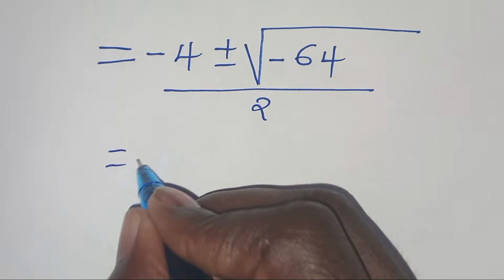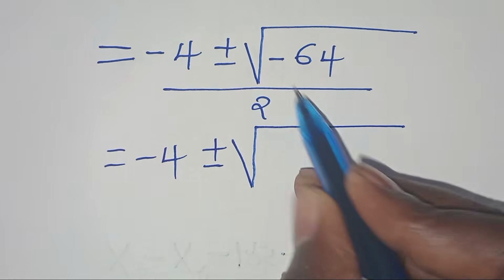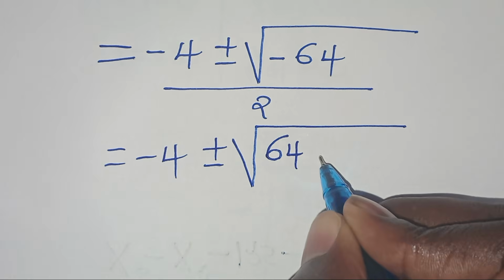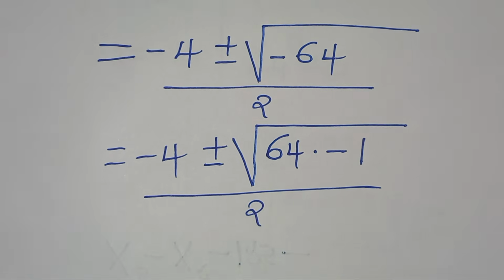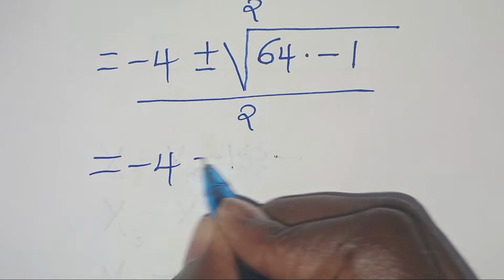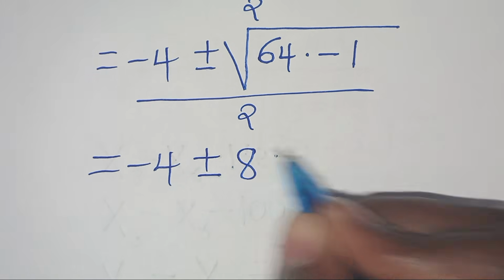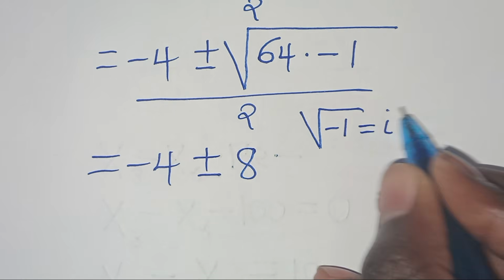equal to negative 64 divided by 2. So here we have negative 4 plus or minus the square root of negative 64, which we can express as the square root of 64 multiplied by negative 1, everything here divided by 2. So therefore we have negative 4 plus or minus the square root of 64, this is 8. Then we have that the square root of negative 1 is equal to i.